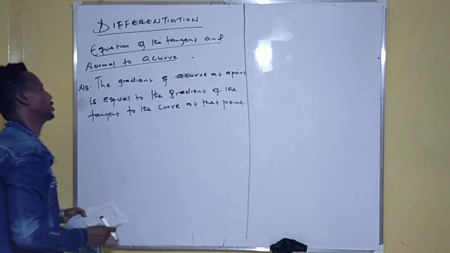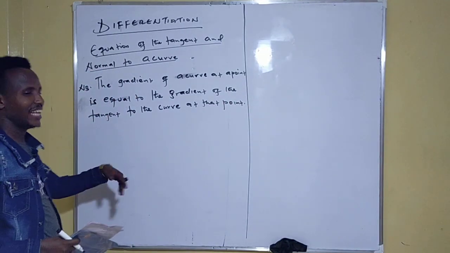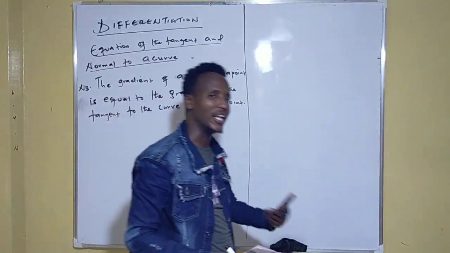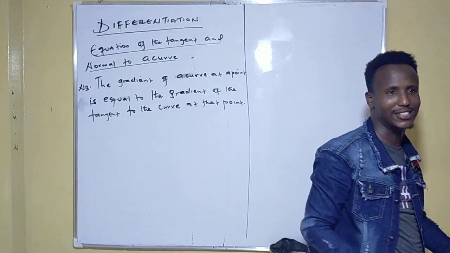Very, very important, by the way. It means the tangent has the same gradient as that of the curve. Just understand in simple language.